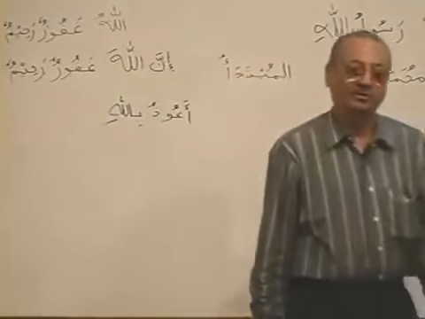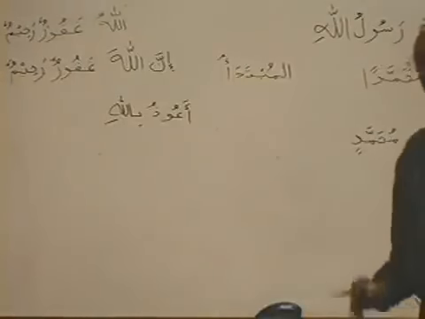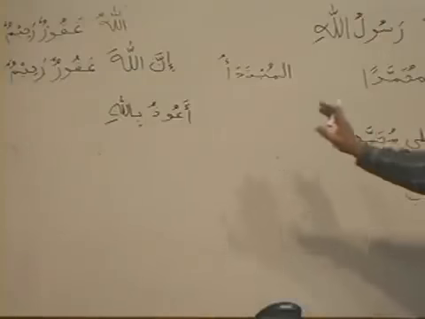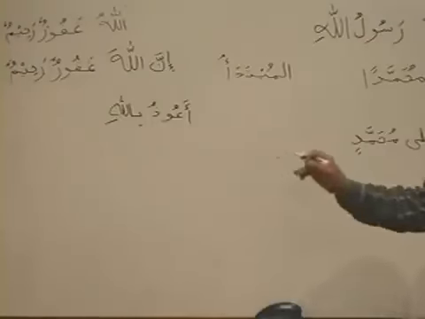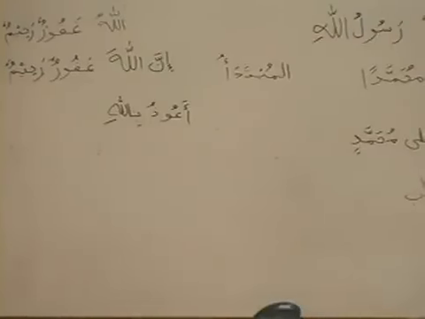Or you can simply say mubtada. Those who know Urdu, for them it's very easy, because they use mubtada. Jisse ibtida hoti hai. The thing with which you begin something. What is the meaning of mubtada? Something that is used to begin something.